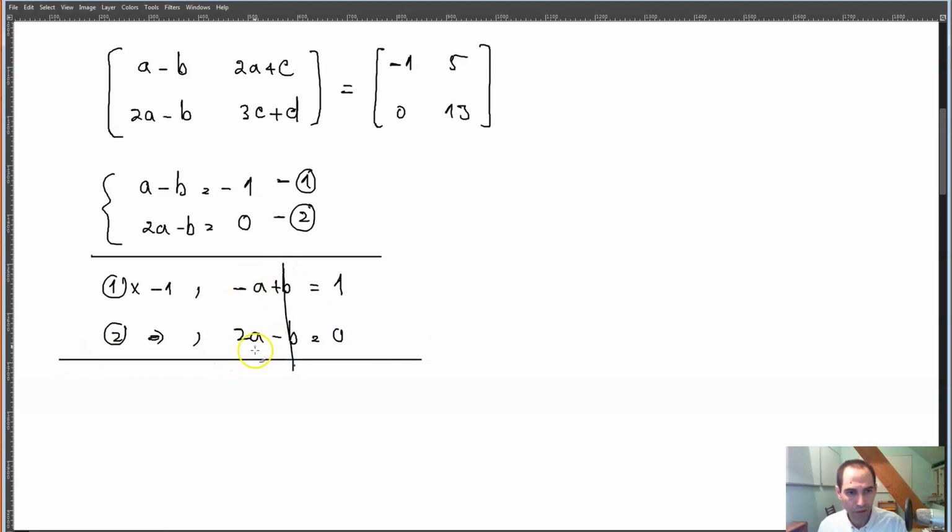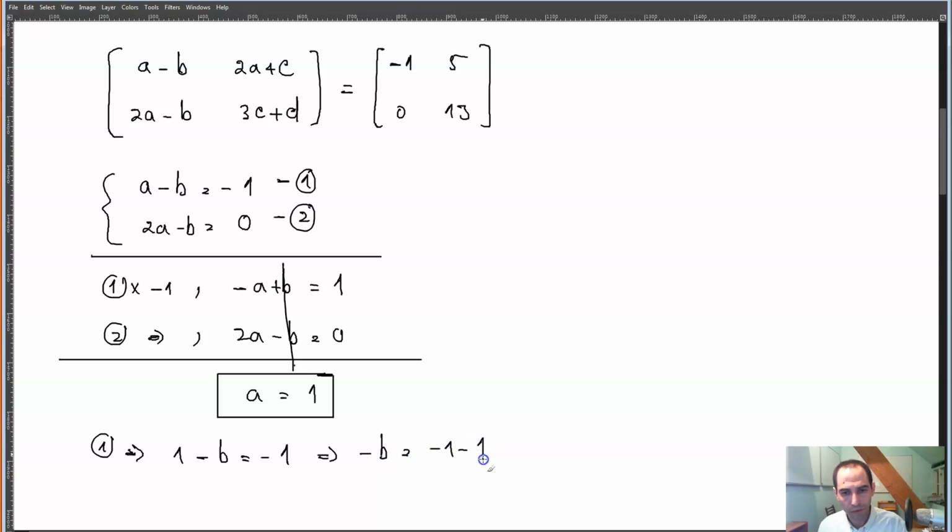Add these two together, you'll get a is equal to 1, right? If a is equal to 1, then you can put it in 1, and you will get 1 minus b is equal to negative 1, which means that negative b is equal to negative 1 minus 1, which means that negative b is equal to negative 2, which means that b is equal to 2. Now I have a and b, so I can solve for c.